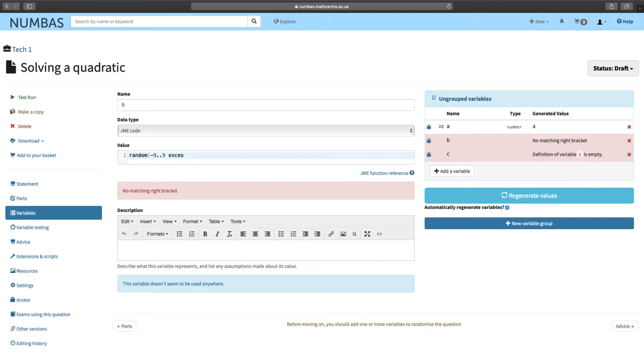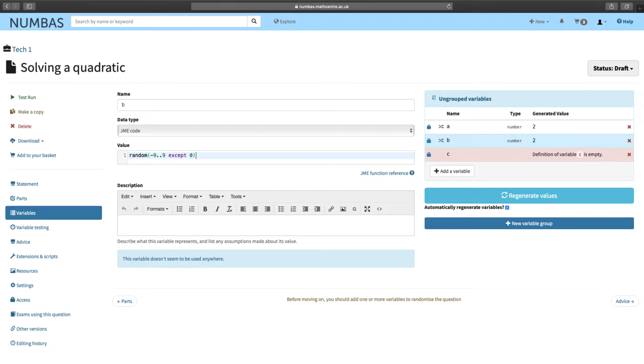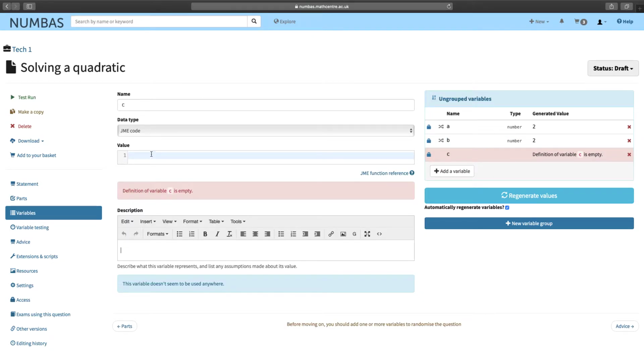You could leave it as 0, I guess, but let's just not have it as 0. And for variable c, same thing again, let's just make this -9 to 9, and let's make sure that it can't be 0. Okay.